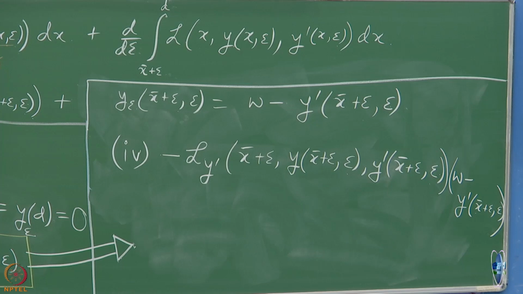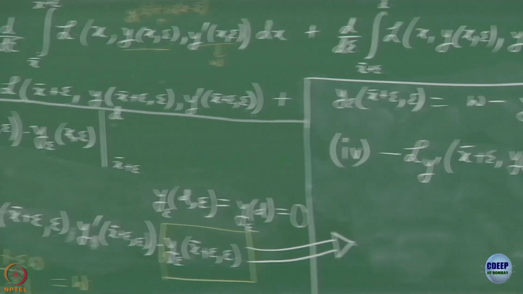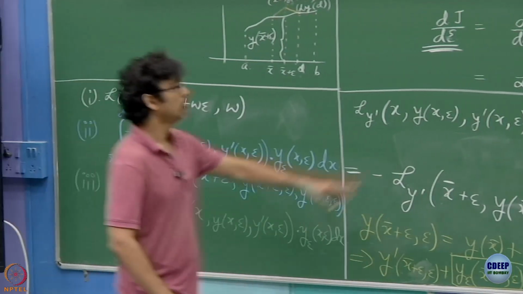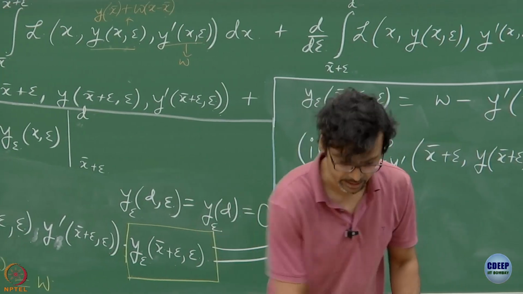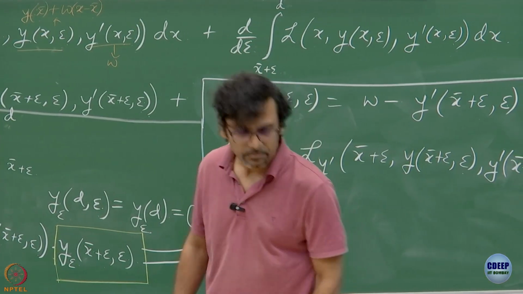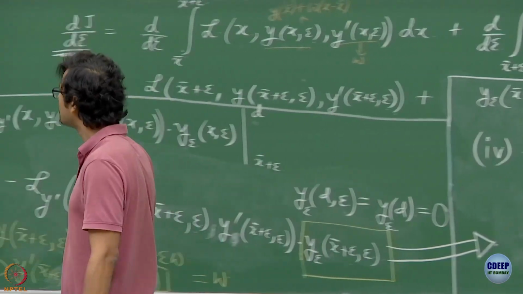Is that clear? So if you sum together term 1, term 2, term 3 and term 4, we actually have this entire term. Agreed? We haven't missed anything. Correct?